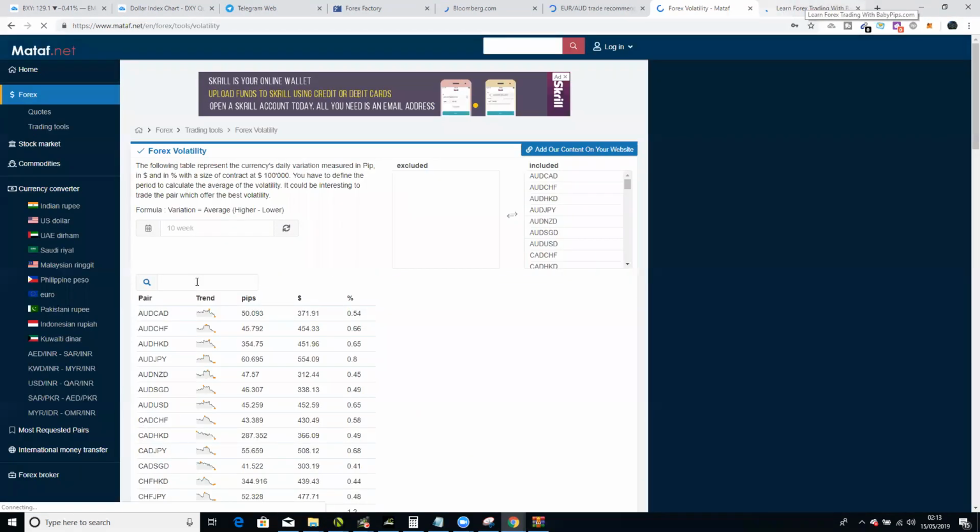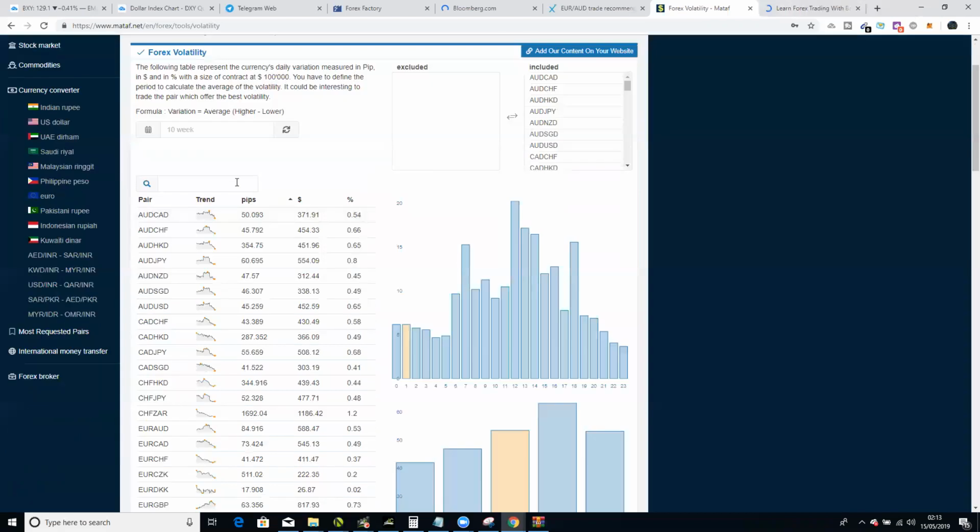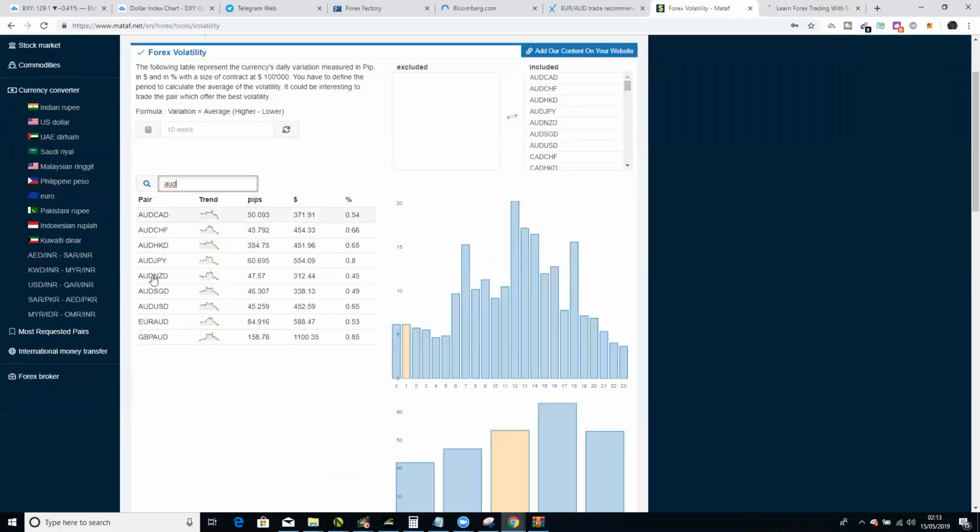So I use the forex volatility for me to measure and know the amount of pips movement that's going to occur today. So say for example, the Aussie is likely going to move within the next 15 minutes or so based on the data that's coming out, and then we can see 158 pips in pound Aussie, euro Aussie 84 pips.